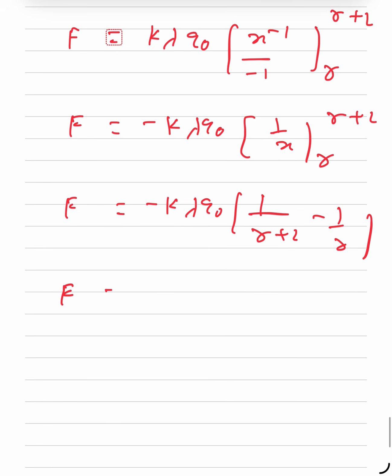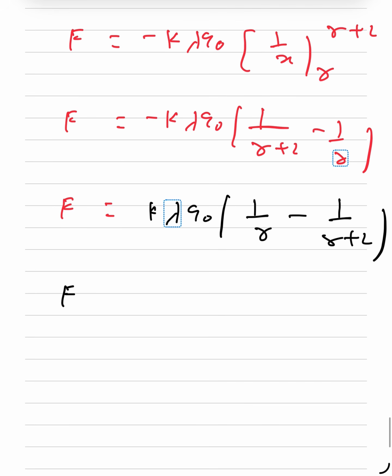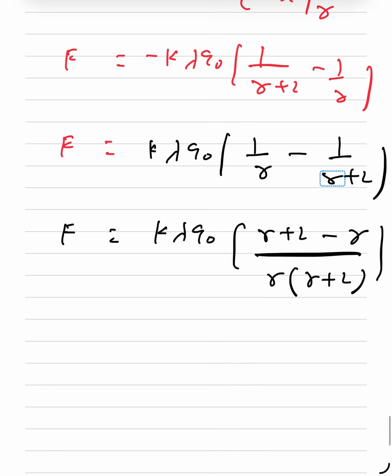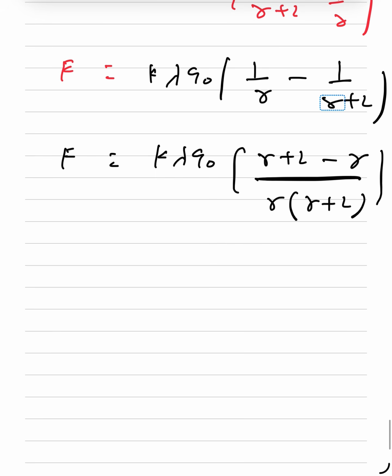For the next calculation of this equation, k lambda q naught times 1 by r minus 1 by r plus L, which is k lambda q naught times r plus L minus r over r times r plus L, and r plus and minus cancel out.